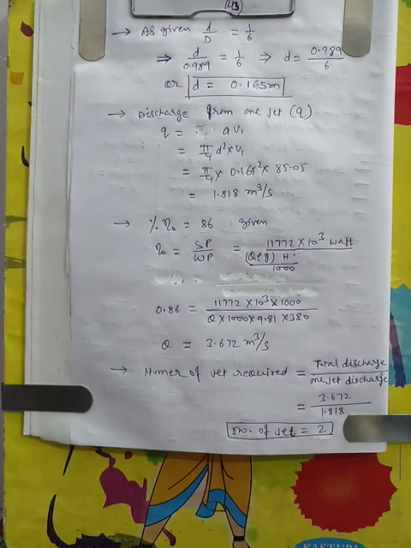By calculating, this Q will come out 3.672 meter cube per second. Now this is the total discharge, and this is the discharge through one jet. So number of jets will be total discharge divided by discharge through one jet, and by dividing we get number of jets equal to 2.